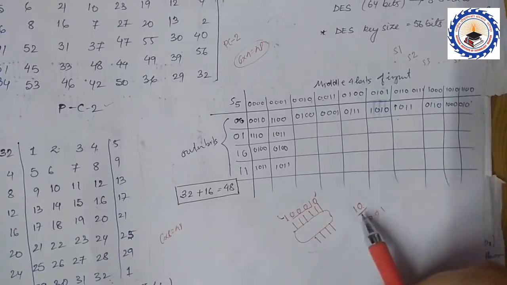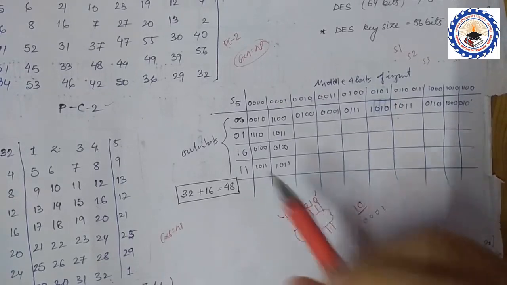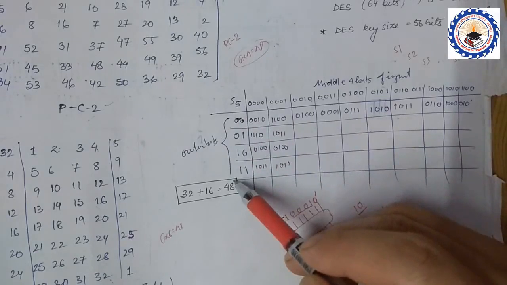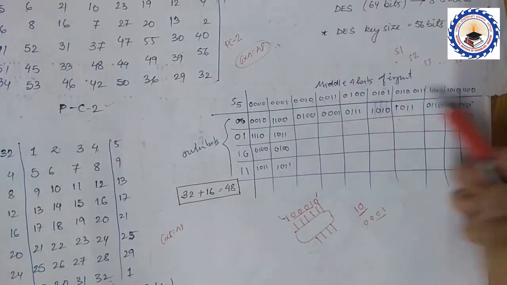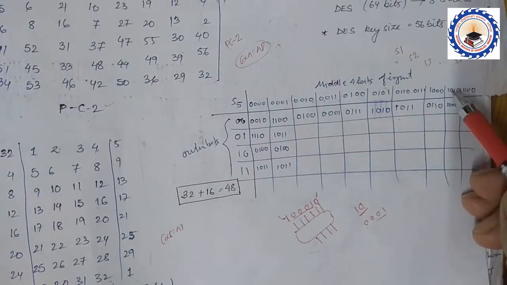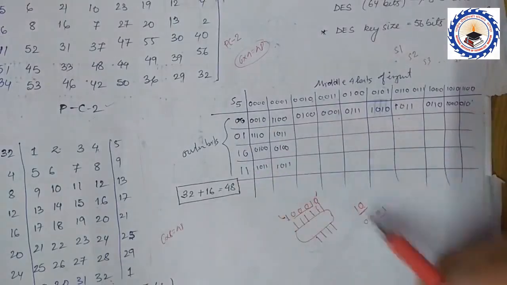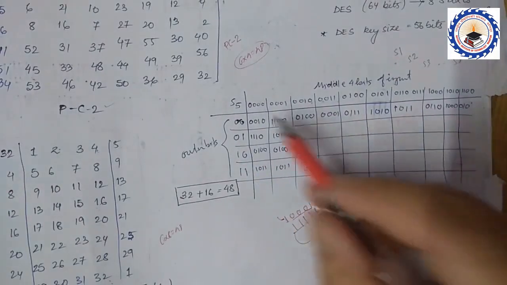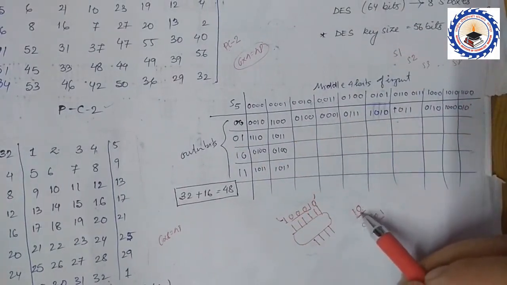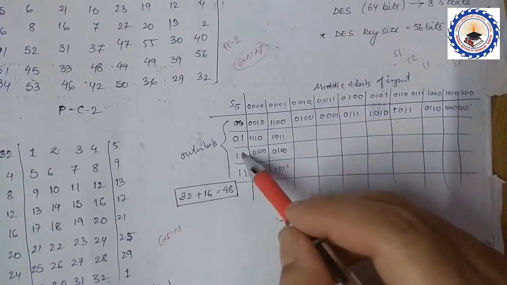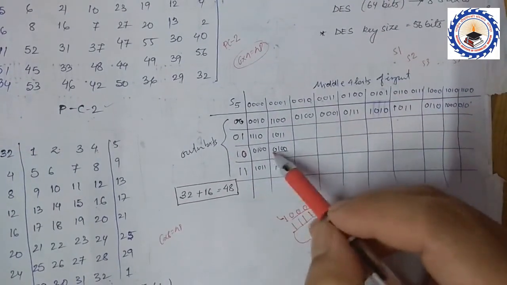The outer bits select the row and the inner bits select the column. What is the outermost pair? It is 1 0. What are the inner bits? 0 0 1. So the particular value is this one.